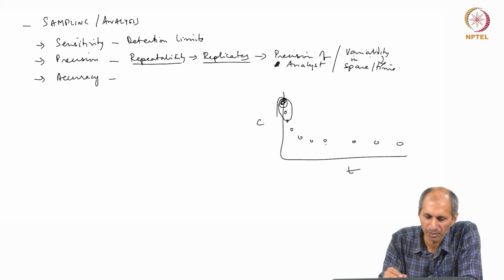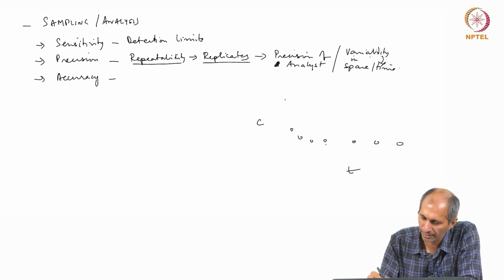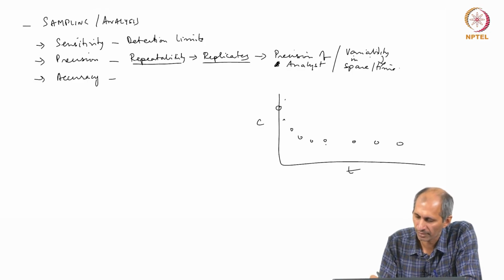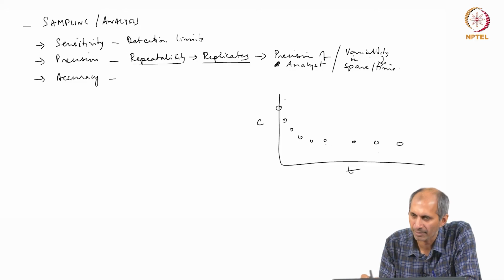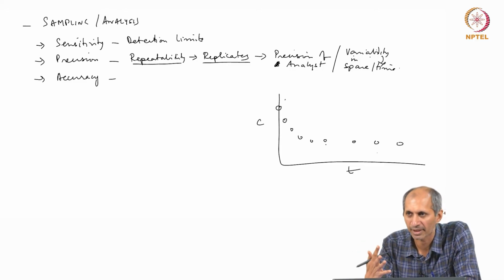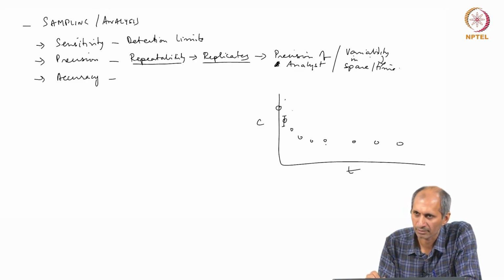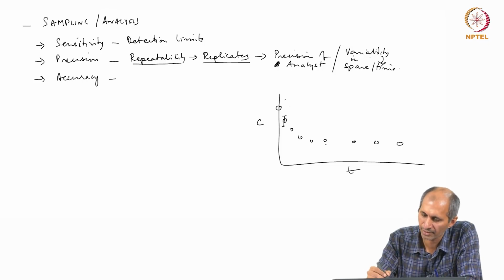Normally when you do replicates, for every time I have taken 3 replicates, I can represent the replicates as an error bar. So, the actual replicates are, say, the blue spots here, there are three spots here.